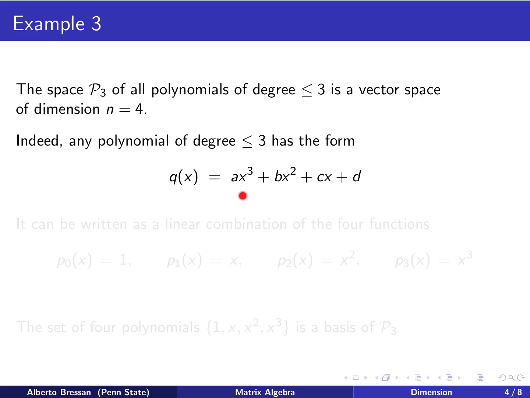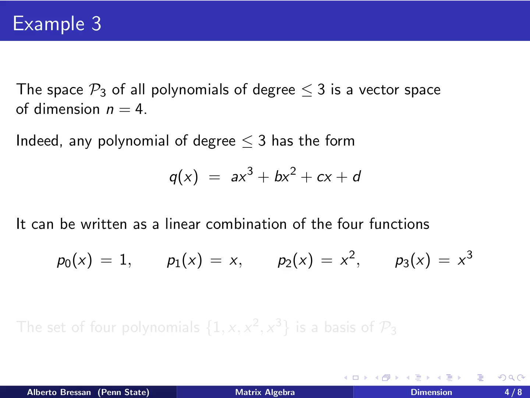So the highest one is x cubed, multiplied by some coefficient a, plus x squared times b, plus x times c, plus x to the power 0, which is a constant, times d. That is the general form of any polynomial of degree less than or equal to 3.